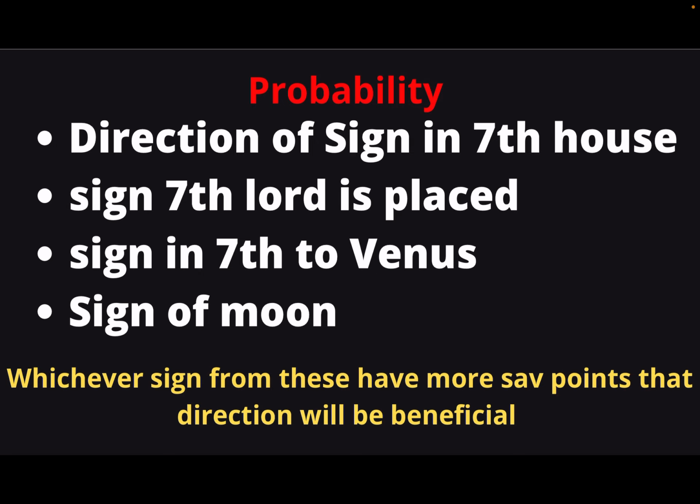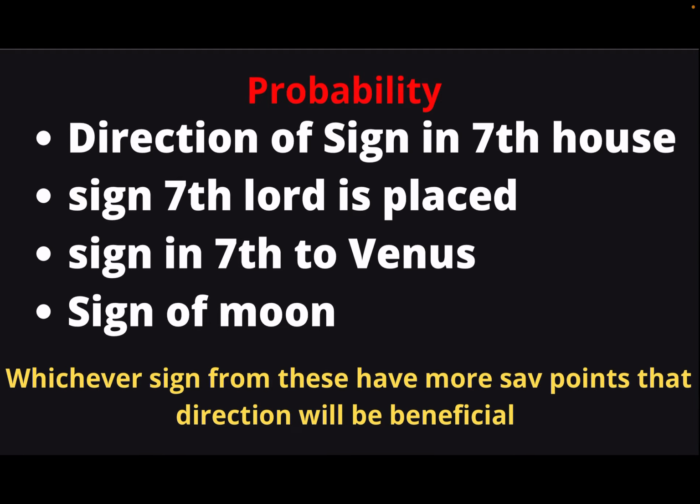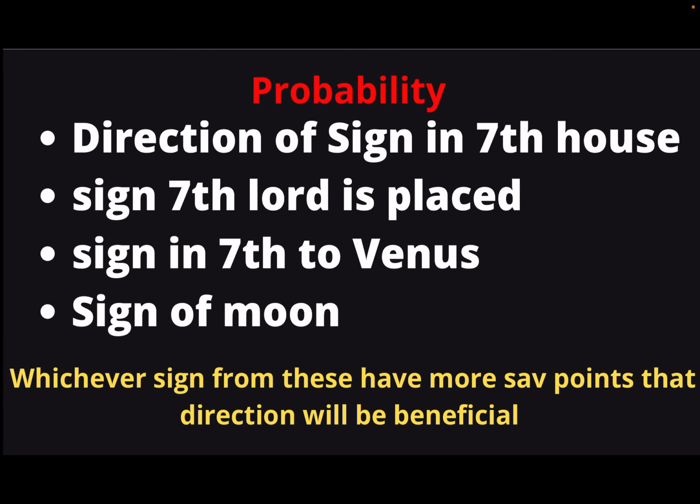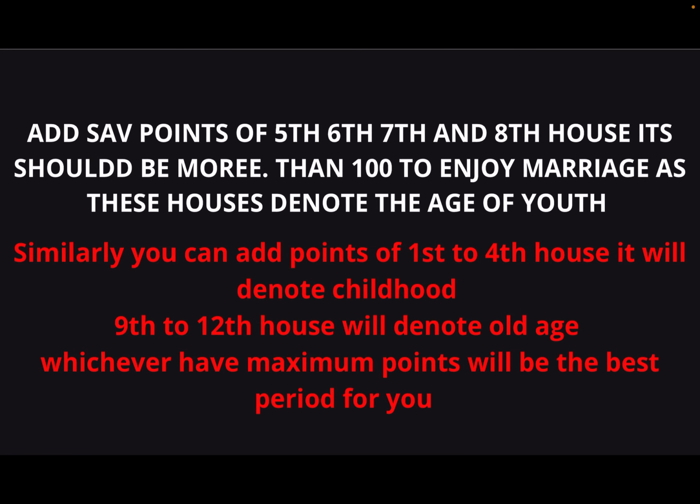For that, we can again use the Sarvashtakvarga points. Among these signs, whichever sign holds the maximum number is the beneficial direction for us. So we can look into those areas, those states of the country which this direction denotes, in order to find a spouse, right?